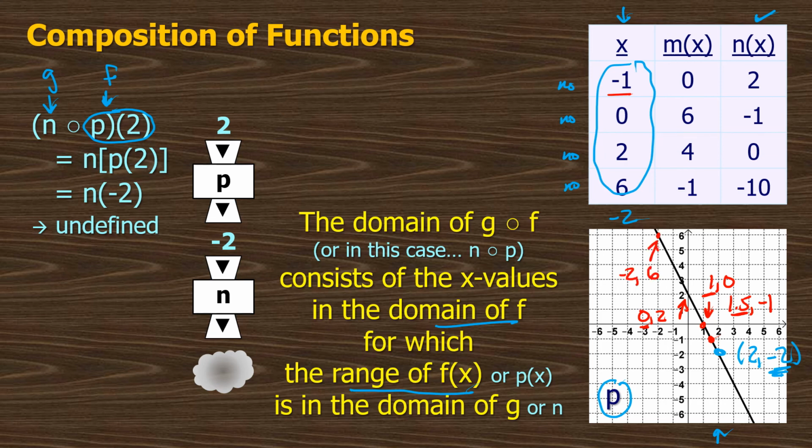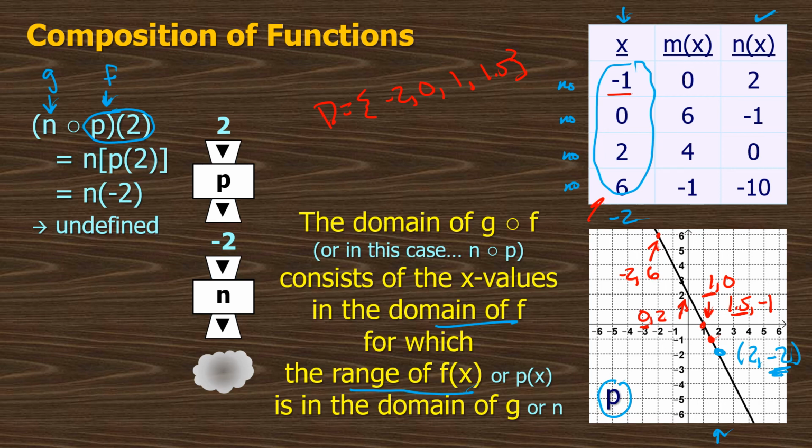So, I guess what I'm saying is my domain can only work if I plug in -2, 0, 1, or 1.5. I may have all reals for p, but only these 4 numbers will produce the results that I can use up here. And that's what I'm saying.